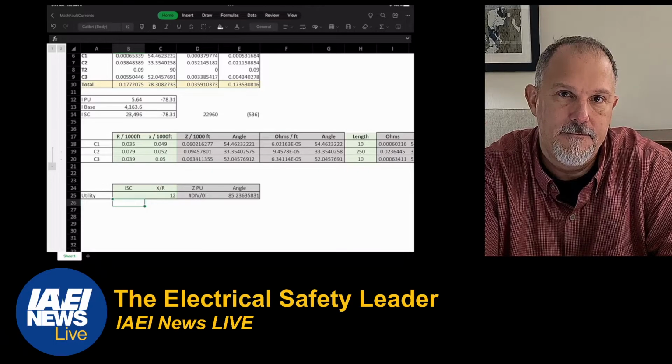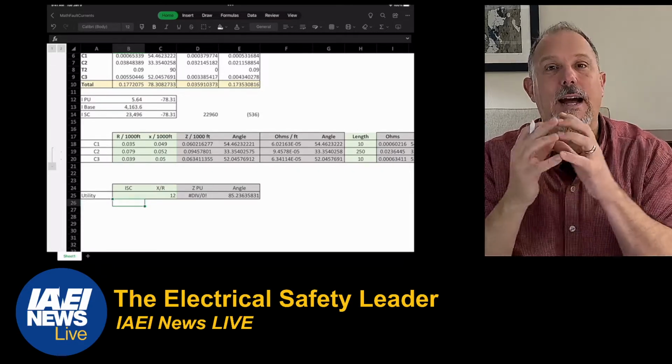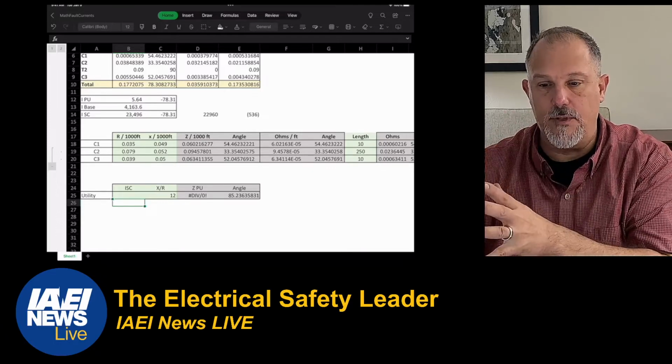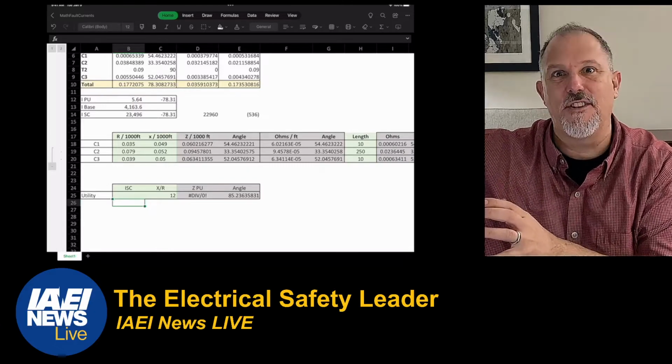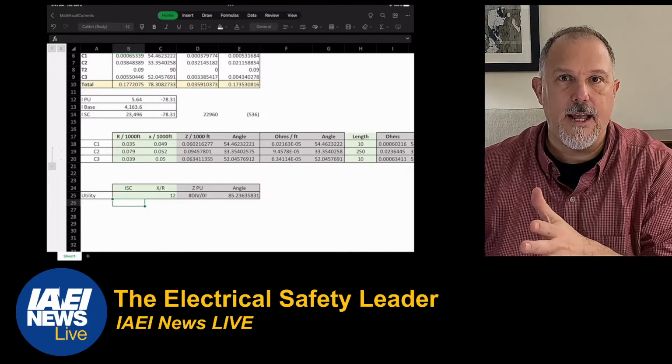Think about that. And this is why I get frustrated in some cases when an individual will say you can't mark available fault current because when the utility changes their fault current, it changes every minute of the day.